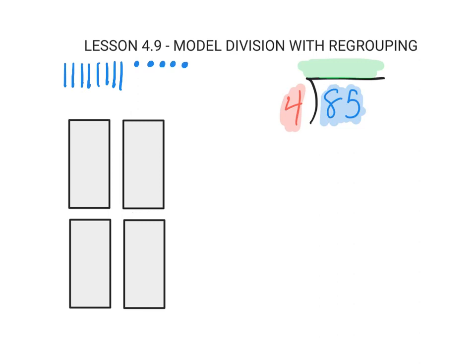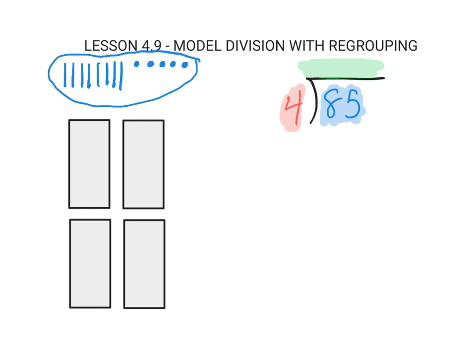Now, we're going to start dividing, or sharing, our tens equally. That's the first step. Do your tens equally. As I share them from my dividend, I'm going to turn it into green because that will be my quotient.